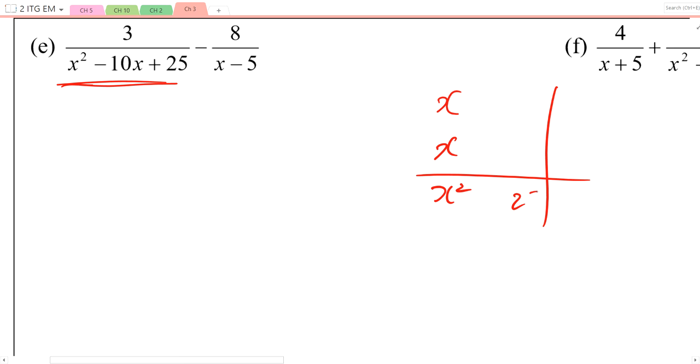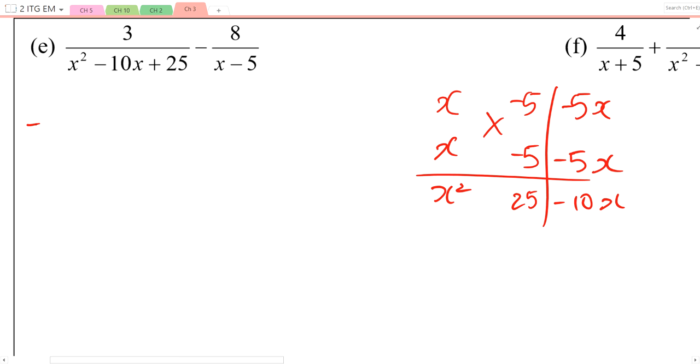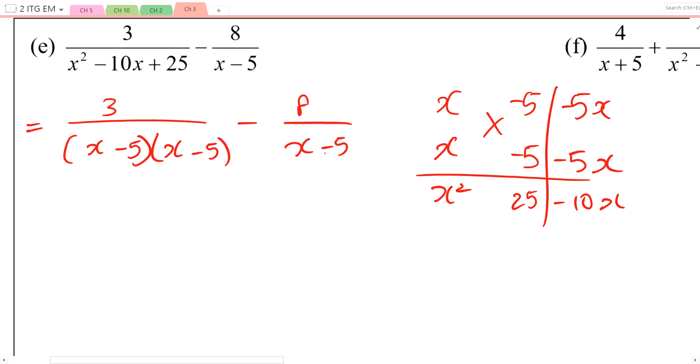I'm supposed to have 25 and negative 10x. So you are suggesting this will be 5 and 5. I agree. Which gives me 5x, 5x. If I want the negative sign, this must be negative, negative. Which gives me x minus 5 times x minus 5. Okay, so this is rewritten as 3 over x minus 5 times x minus 5, which is simply x minus 5 squared, minus 8 over x minus 5.